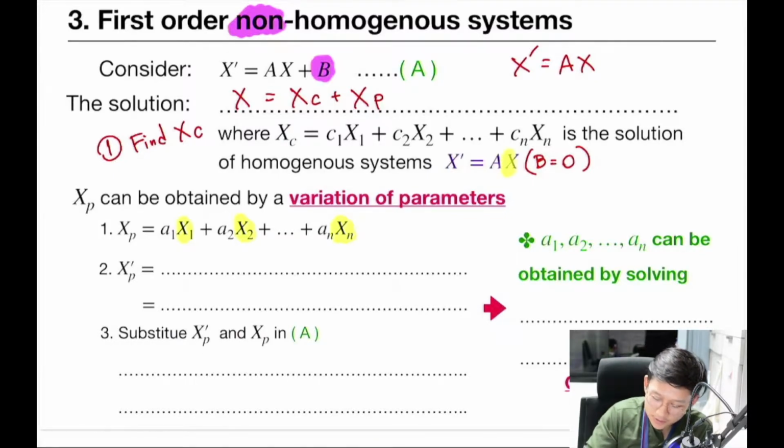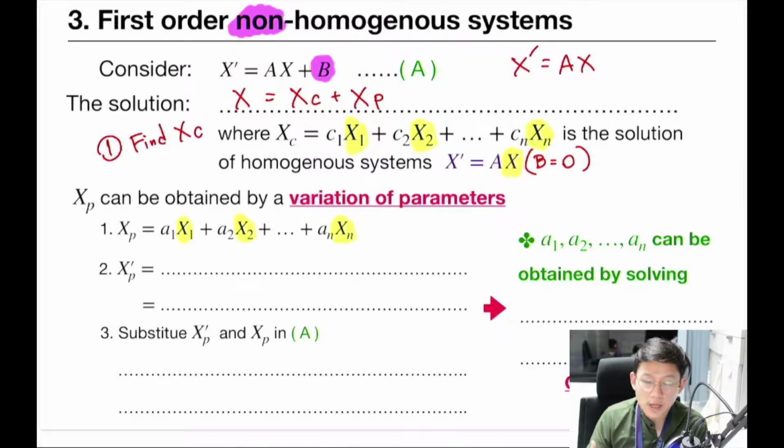First we assume that b is 0, then we solve for x1, x2, x3, x4 until xn, using the previous sections that we learned: distinct roots, complex roots, and repeated roots. And then we obtain xp in this form.